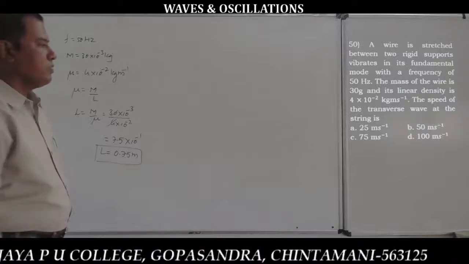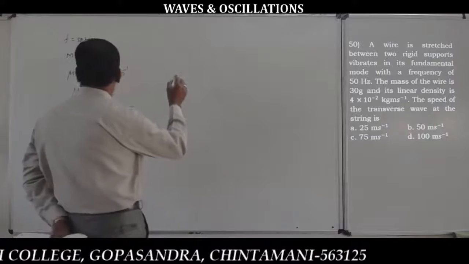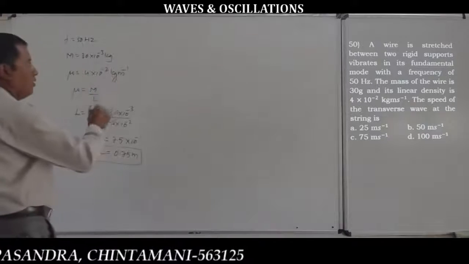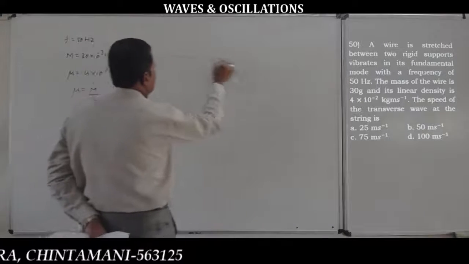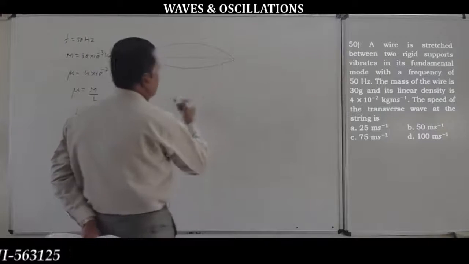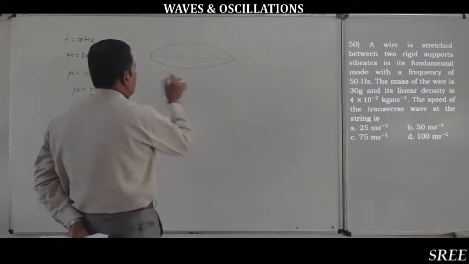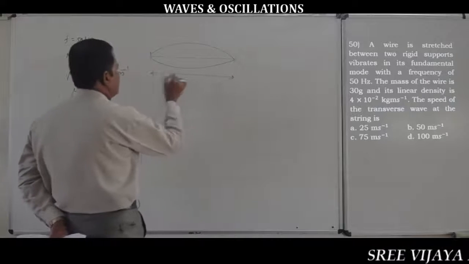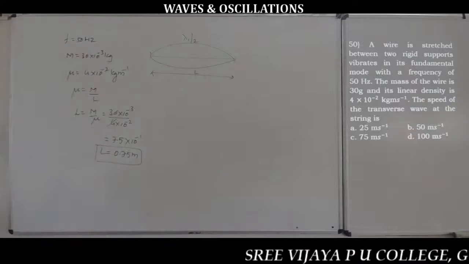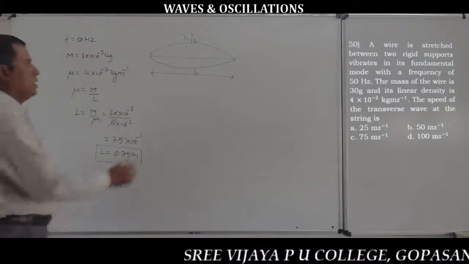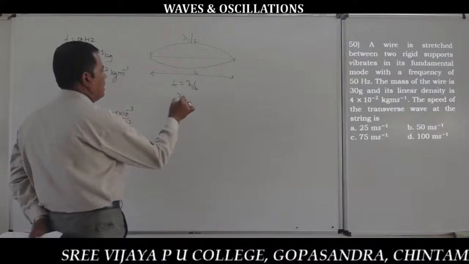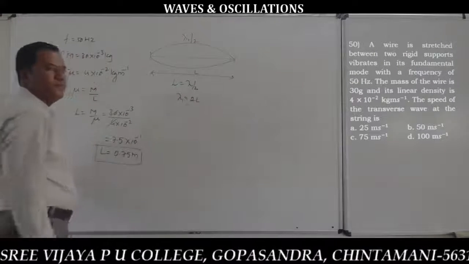The speed of the transverse wave. Generally in a fundamental mode of vibration in a stretched string, you get a single loop, node and node. If L is taken as the distance, and lambda 1 is the fundamental wavelength, then lambda 1 by 2 is the distance between two nodes. So from this diagram you can write L is equal to lambda 1 by 2, or lambda 1 is equal to 2L.